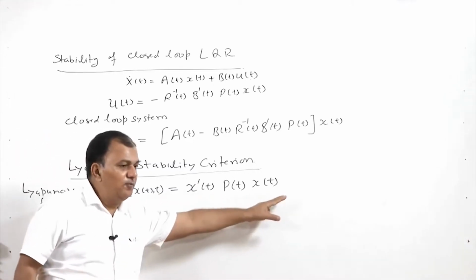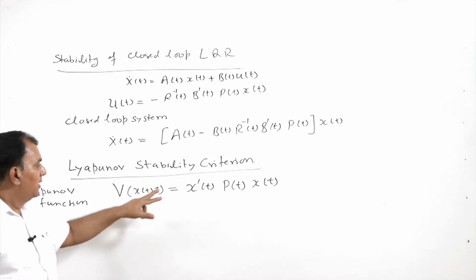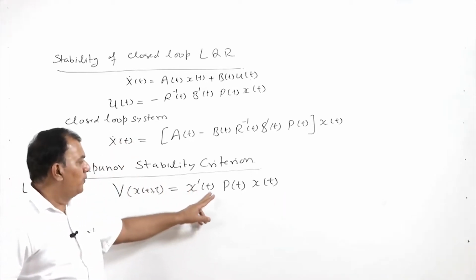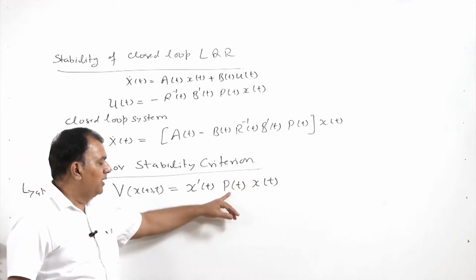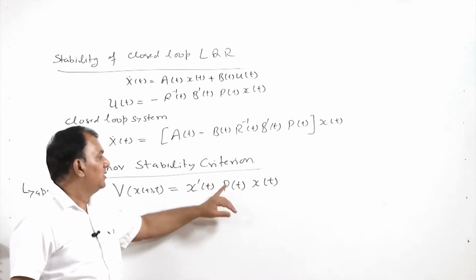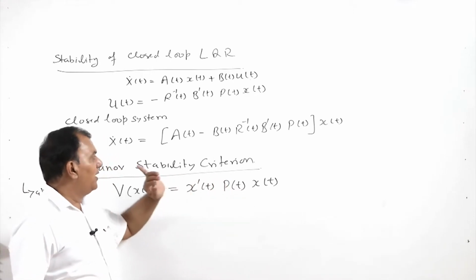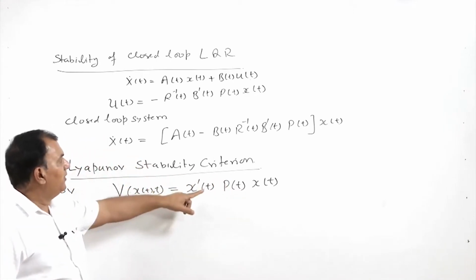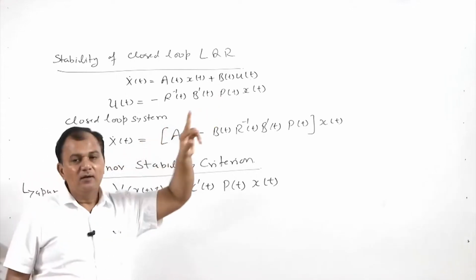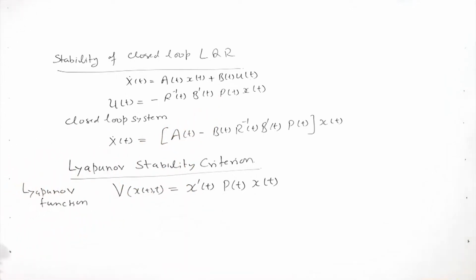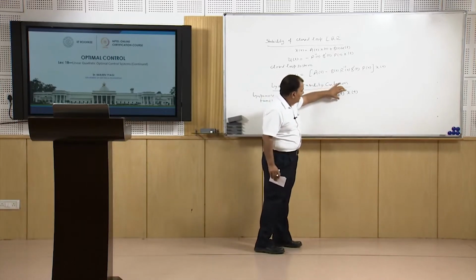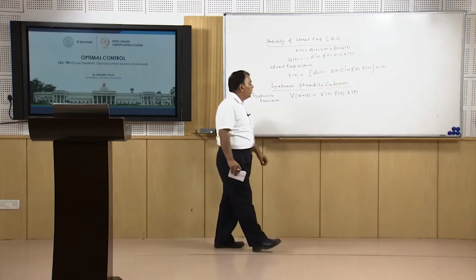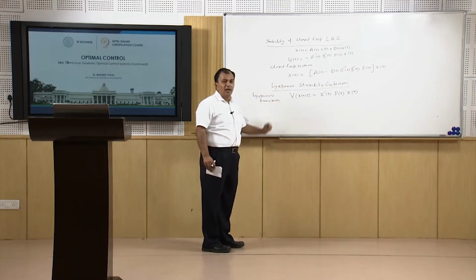By the definition, I can select my Lyapunov function quadratic in nature for a linear system where P is a positive definite symmetric matrix, and here this P is nothing but my Riccati coefficient P(t), that I can use to define my Lyapunov function.